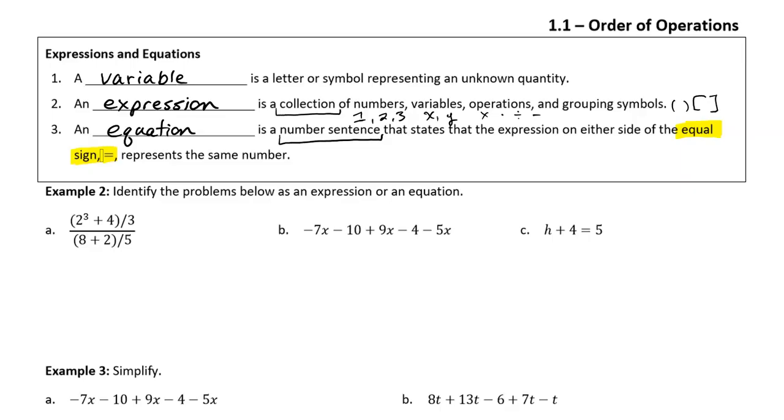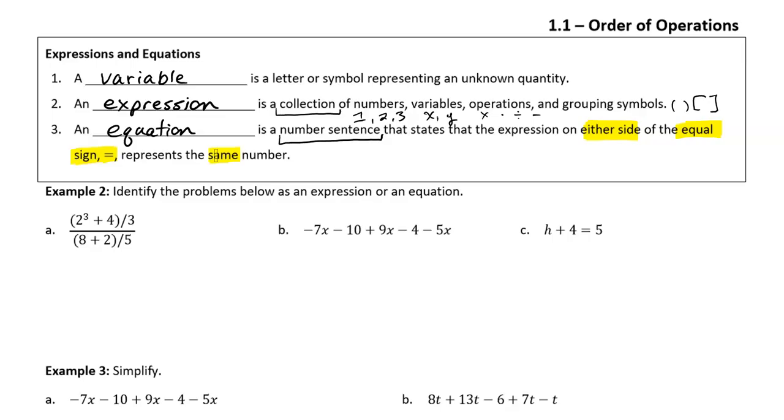And that equal sign is telling me that either side of that symbol represents the same number, the same value. So an expression is just a collection of these objects. An equation has a left and a right-hand side with that equal sign in between.